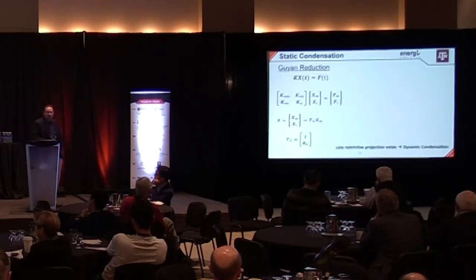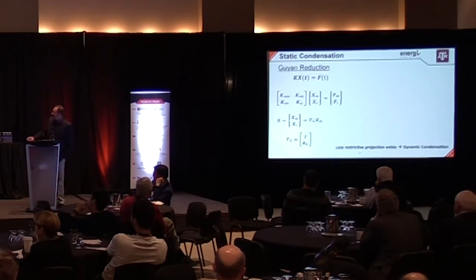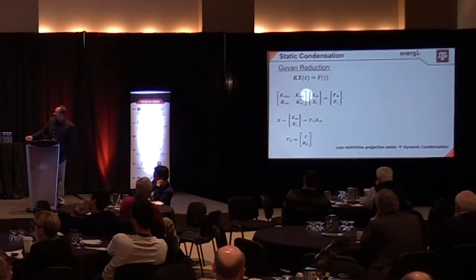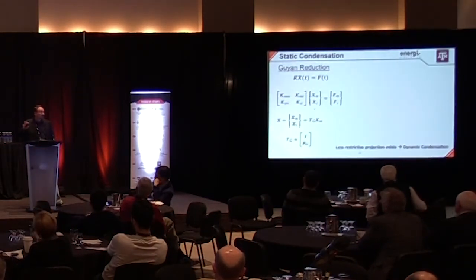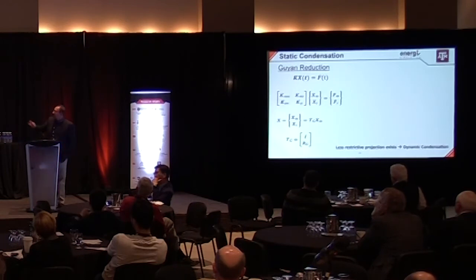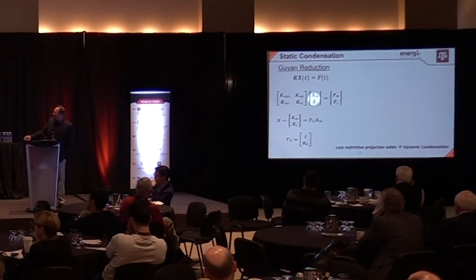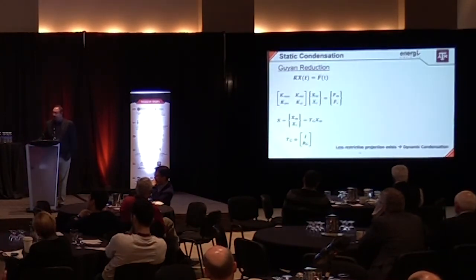And let me show you how the reduce or the projection is actually computed. If you have your stiffness matrix, you can simply partition that stiffness matrix into something that we call a master and a slave, where the slave are the modes that you don't want to have. So you simply partition this in ways that you find modes that you don't like and modes that you like.